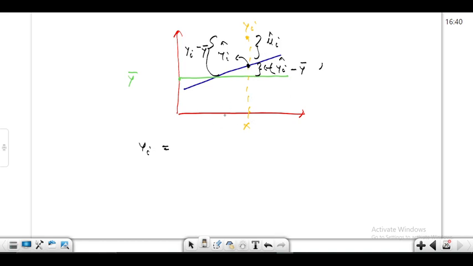Basically what we have done is we have taken the square values, because the value of yi can be either on the upside of the regression line or the downside. So in order to avoid that, we have used the square value. So your square of the yi value can be explained in terms of the regression line. Okay, so this gap is due to the regression line.